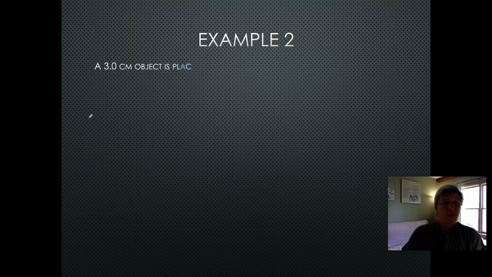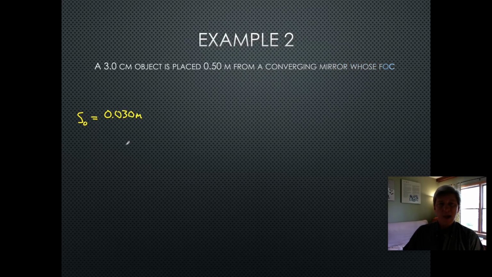So I've got a 3.0 centimeter object. The size of the object, SO, is going to equal, and I'm immediately going to convert that to 0.030 meters. It's placed 0.50 meters from a converging mirror. That's a concave mirror.